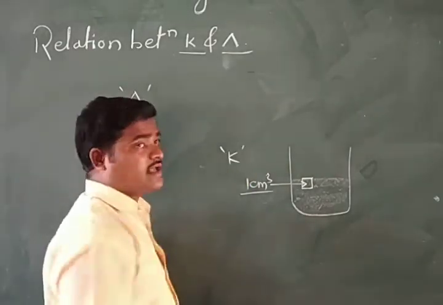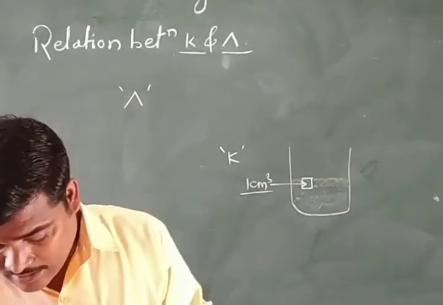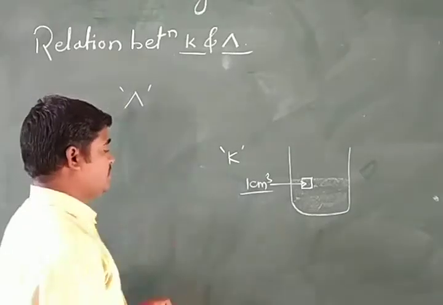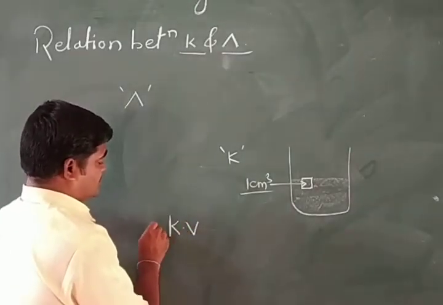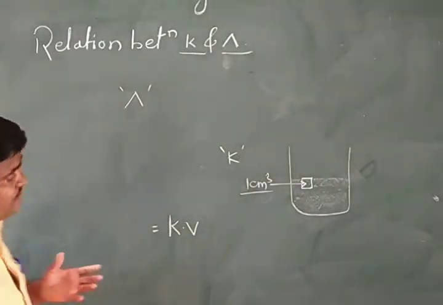It has a conductance, which we are calling small k, and hence the total conductance of V cm cube is K into V. This is the total conductance of V cm cube.